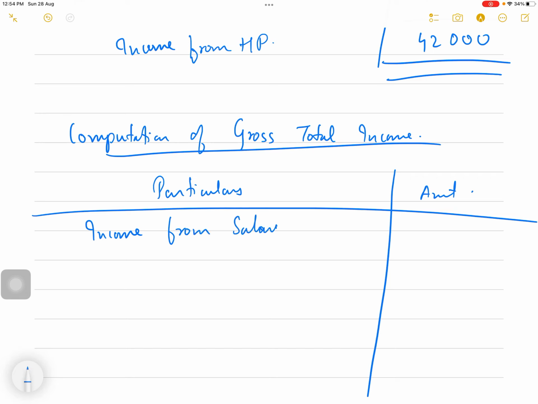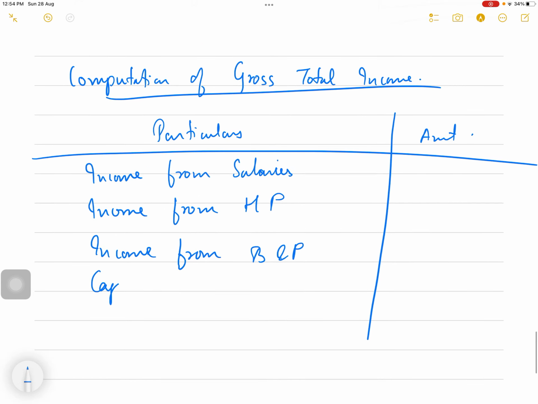Income from salaries, income from house property, income from business and profession, capital gains, income from other sources.